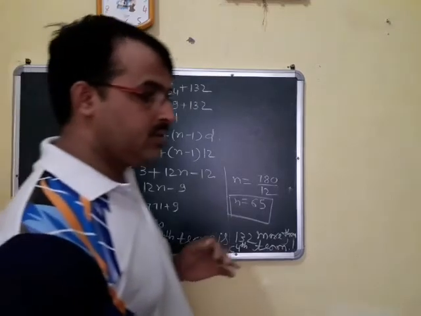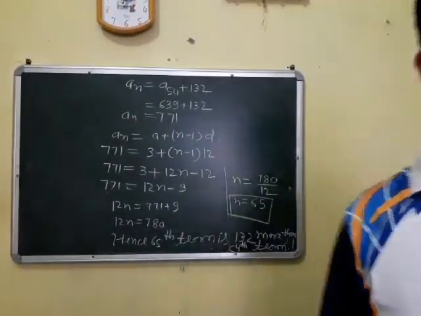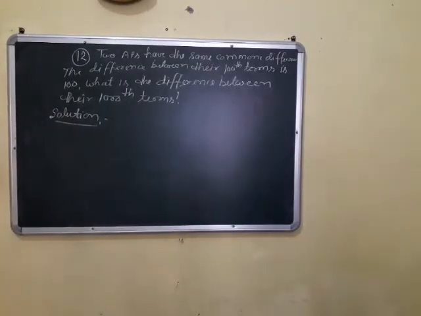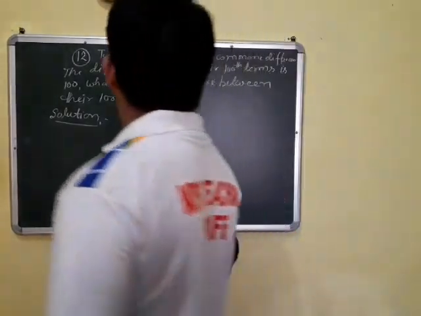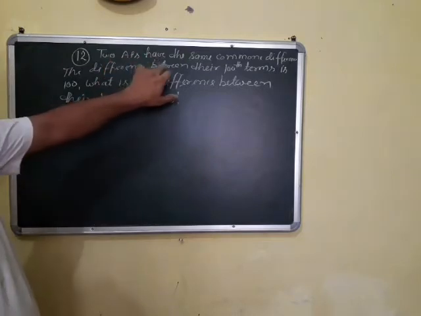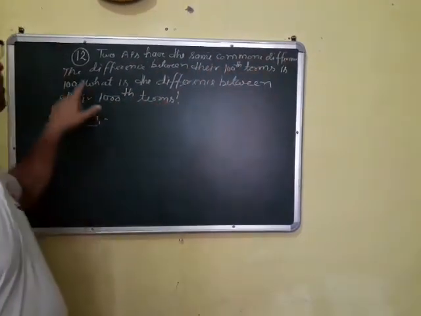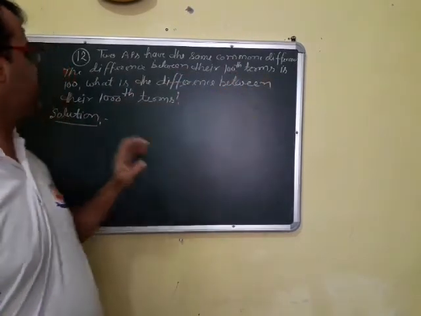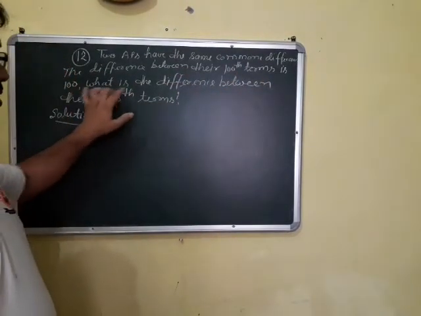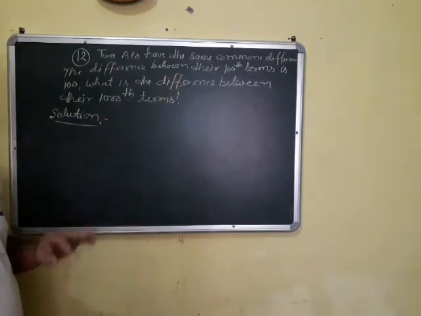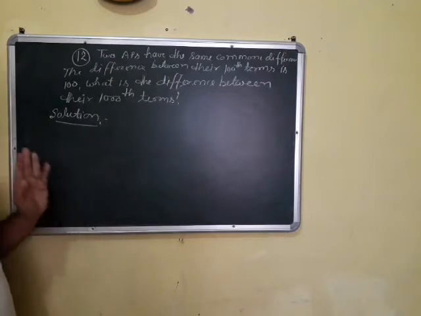Clear? Now see the next question of this exercise. Look here, your 12th question is given: Two APs have the same common difference. The common difference between their 100th terms is 100. What is the difference between their thousandth terms?